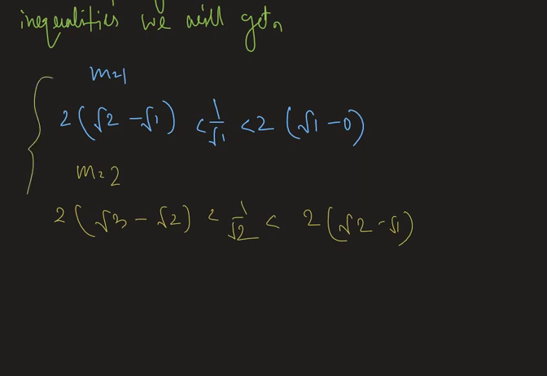Okay, now if we add these two inequalities, we get 2 into root over 3 minus root over 1 less than the sum over 1 by root over k, where k is equal to 1 to 2, less than 2 into root over 2.